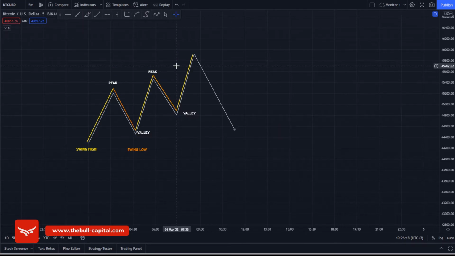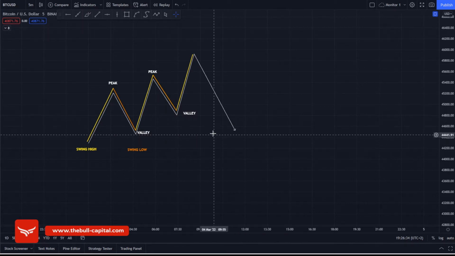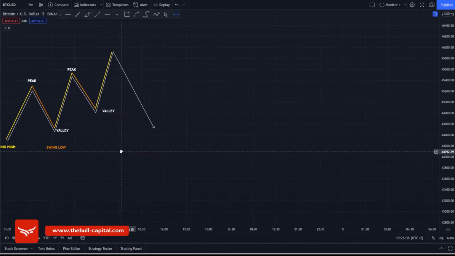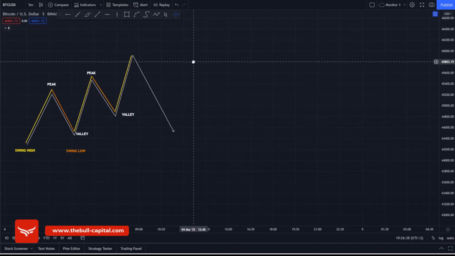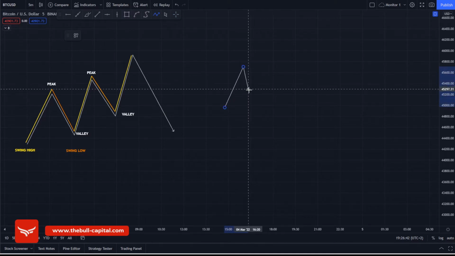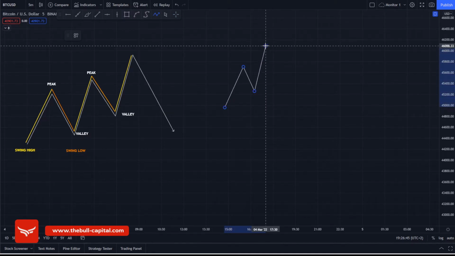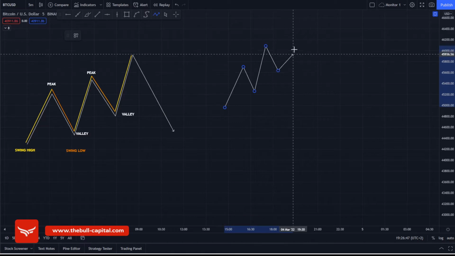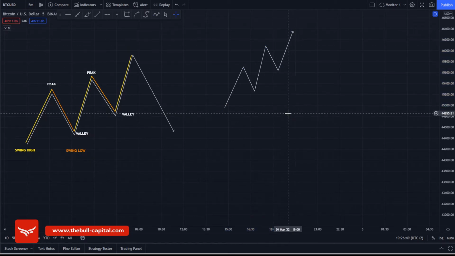Now let's learn about the types of swings, because we have swing lows and swing highs, but there are other types that we should look for. I'm gonna make another drawing here.